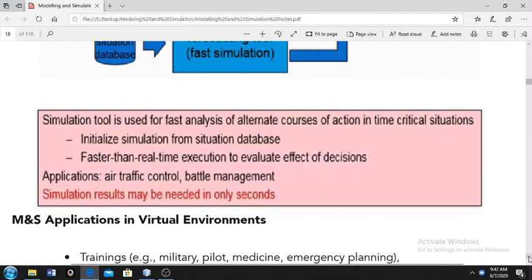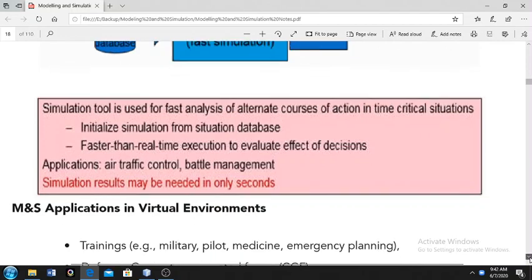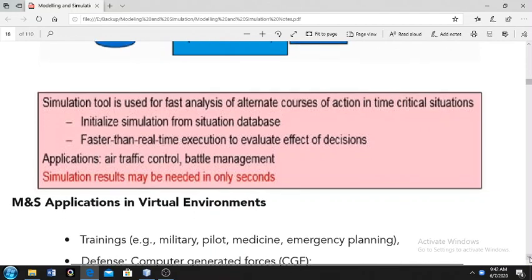Instead of engaging real soldiers in a battle, you can simulate a battle. It can be very useful, for example, for air traffic control and battle management. These are very risky situations.